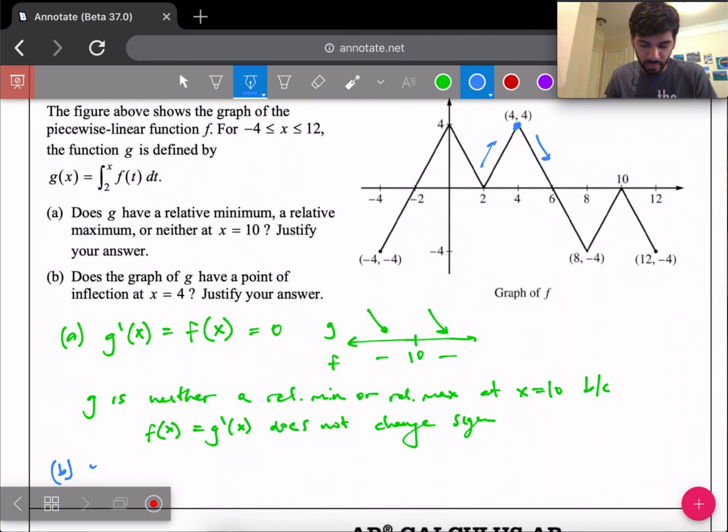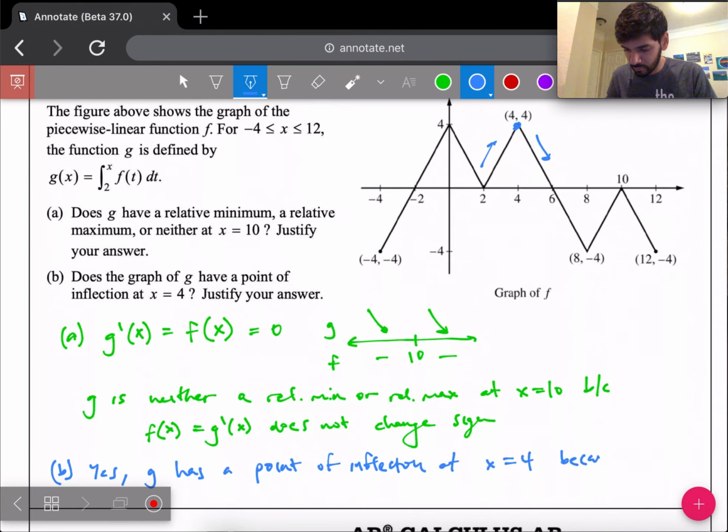So I'm going to say yes, g has a point of inflection at x equals 4 because f prime of x, which is equal to g double prime of x, changes sign.